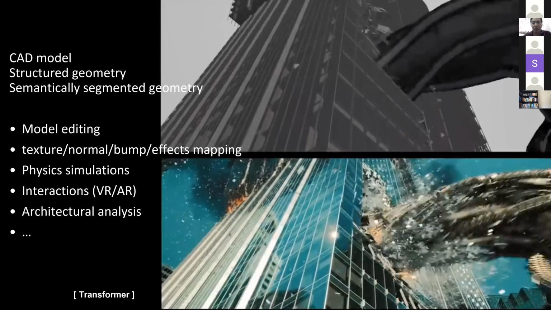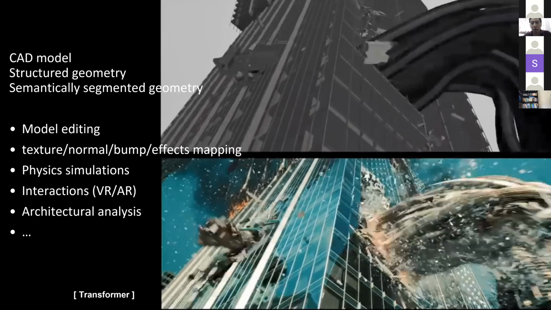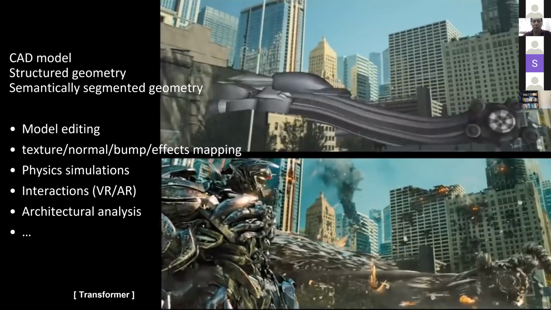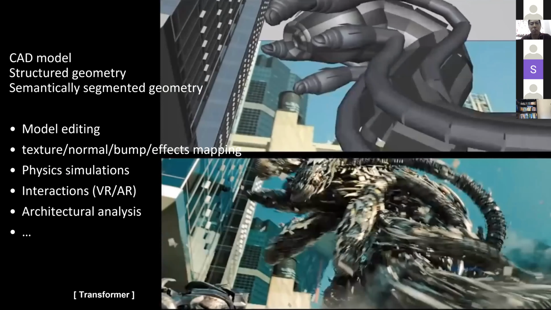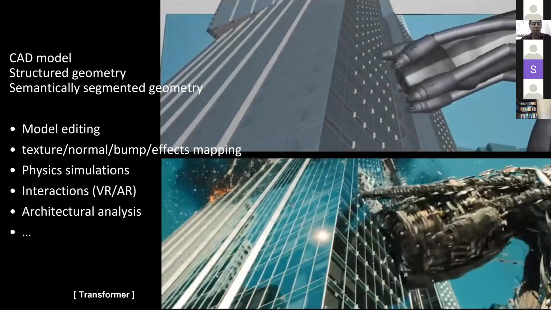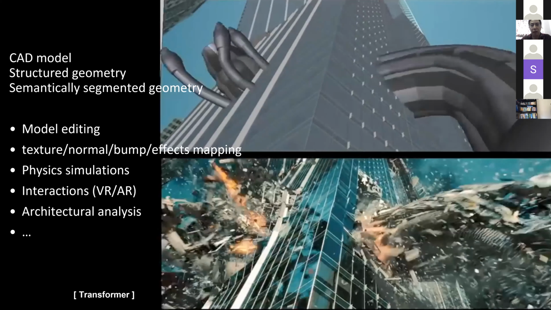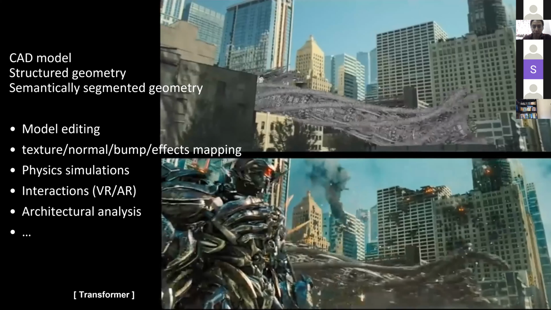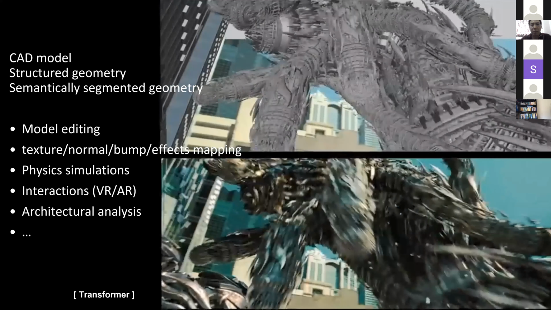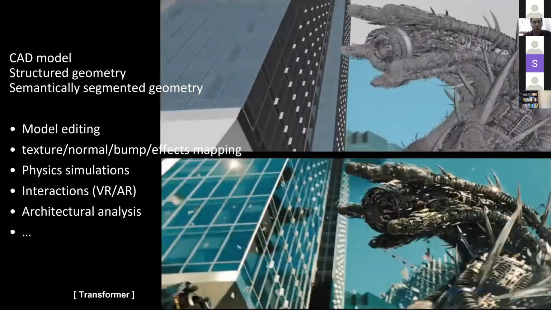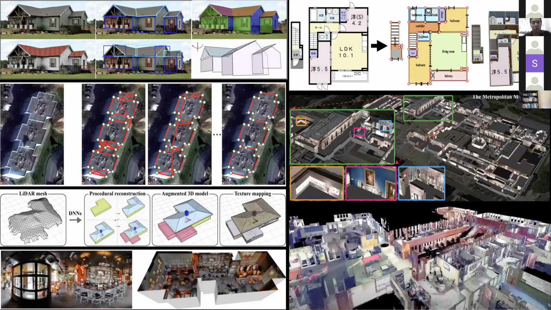To really make this happen, our professional modelers have to model the underlying scene geometry with CAD quality, which is effective for model manipulation, editing, effect mapping, physics simulation, interaction, etc. And of course, not at this level. I have been working on making this kind of CAD-like model from raw image sensor data, from ground level to aerial, indoor, outdoor.